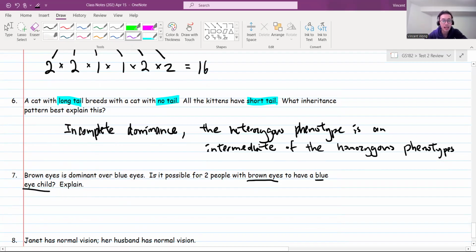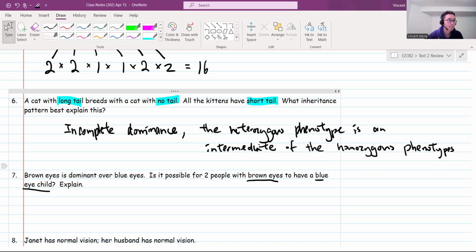Two brown-eyed parents, can they have a blue-eyed kid? A for yes, B for no. What do you think?